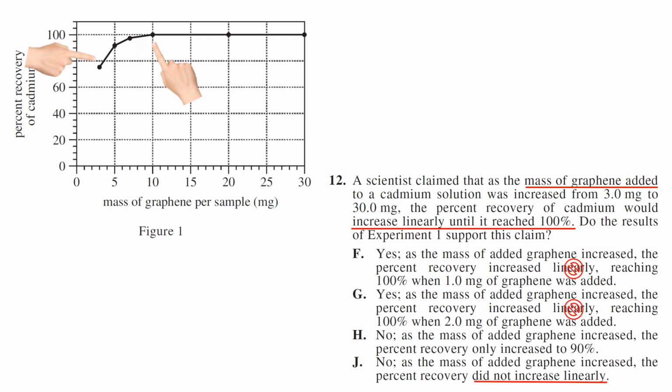So we can say choice F and choice G are both out because it did not increase linearly. J, it did not increase linearly. But we also have H, and this H says it only reached a recovery of 90%, which is not true. You could have also eliminated choice F and G based on the milligrams that were added. So choice J, this is an easy one to eliminate.